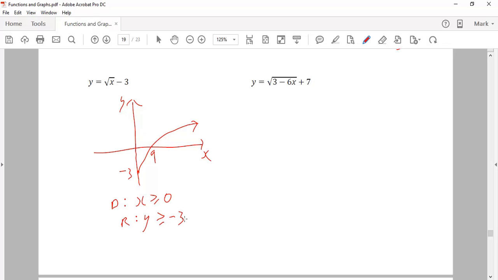Alright, and this last one now. So let's just focus on the square root bit first. So 3 minus 6x is greater than or equal to 0.